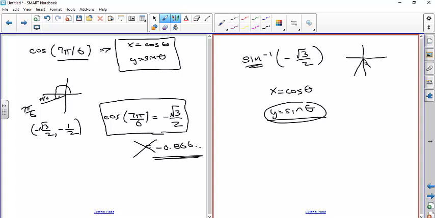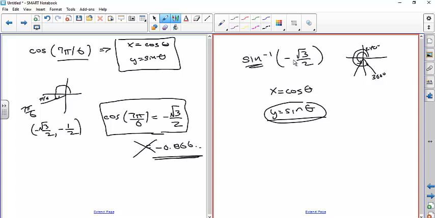Again, you can use a unit circle, but there'd be this point, which would have an angle of 240 degrees, and then you'd have this angle here that goes all the way around. That would be 300 degrees.